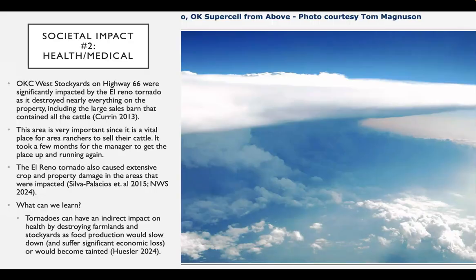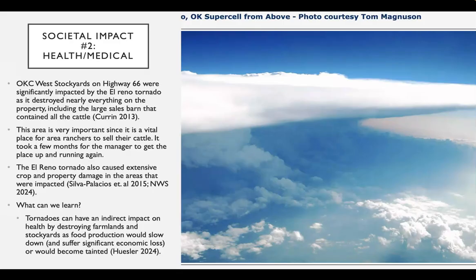Okay. And then really quick, the stockyards on Highway 66 near Oklahoma City were destroyed, which impacts the selling of cattle.